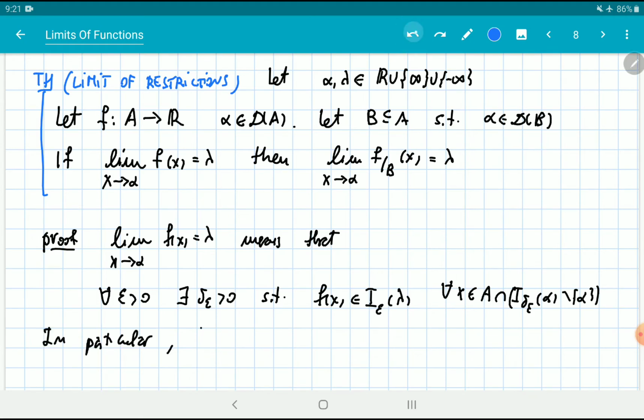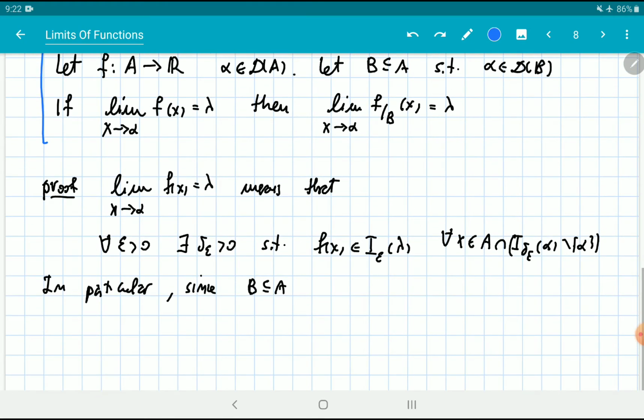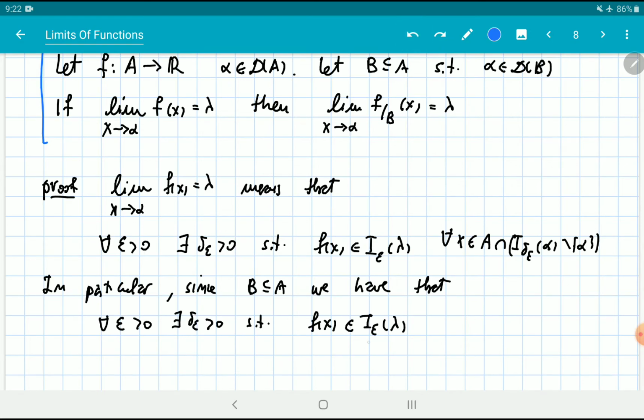Well, that's basically done, because what do we have in particular? B is a subset of A. So here, if I know that this condition holds for all x in the punctured interval and A, for sure it will hold for x in B and the punctured interval, because B is a subset of A. So we have that for every epsilon there is a delta epsilon such that f of x is in the interval centered at lambda with radius epsilon for all x in B intersection, right?